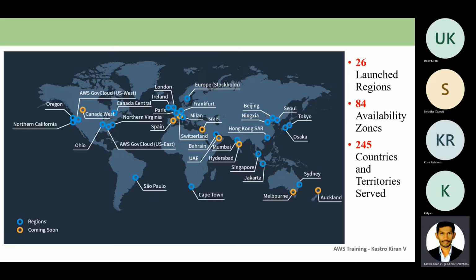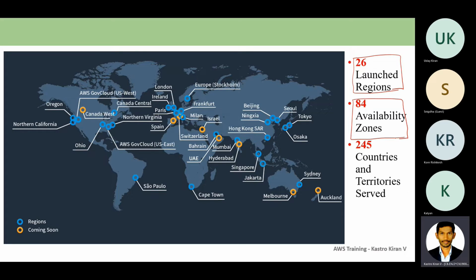The blue circles are all there as of now. Now AWS is having 26 regions across the globe, and in all those 26 regions we have 84 availability zones.